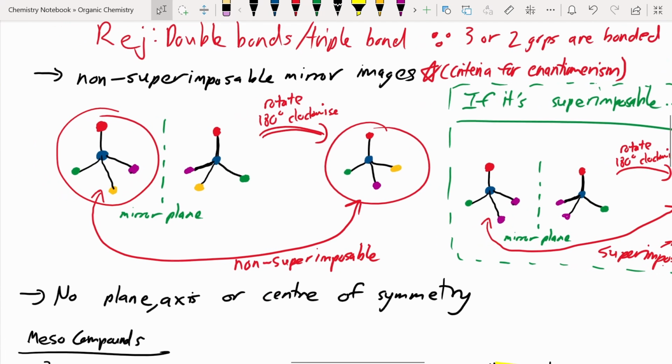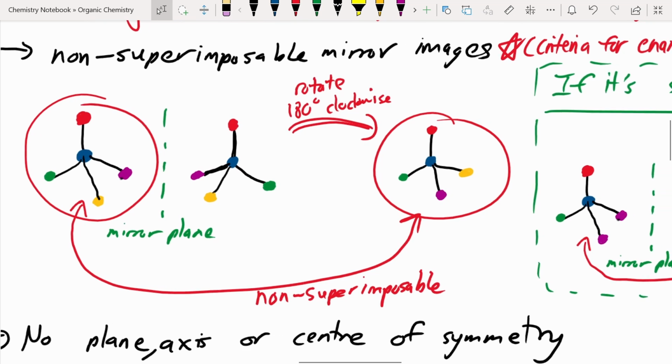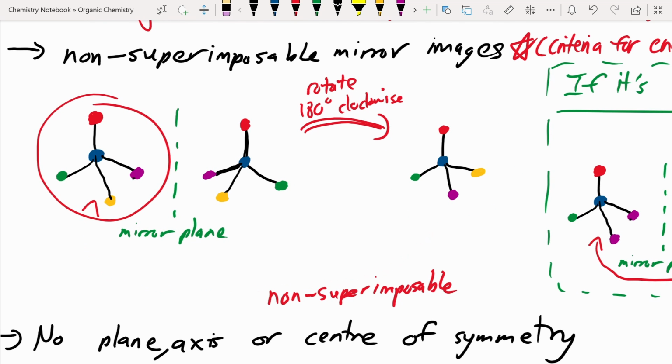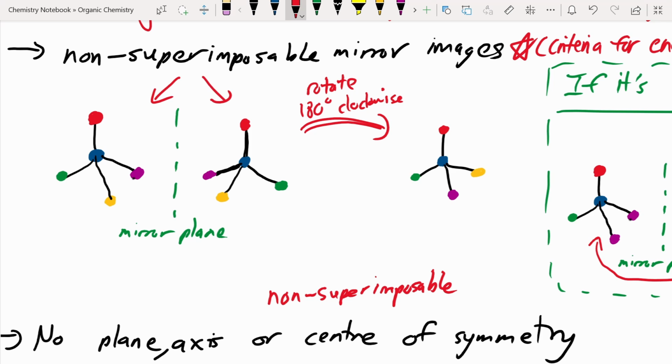So if you see from this diagram, notice that these two chiral compounds are mirror images of each other, and the orange ball is in front, the purple ball is at the back.